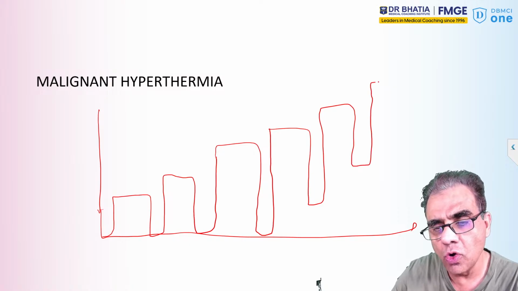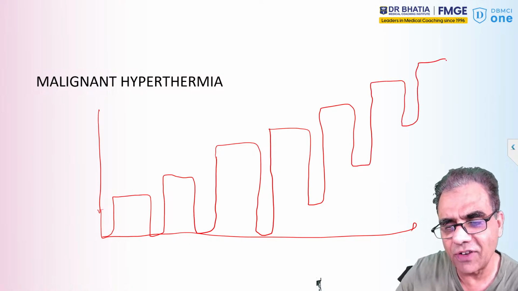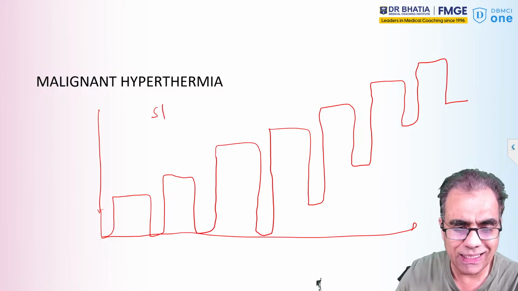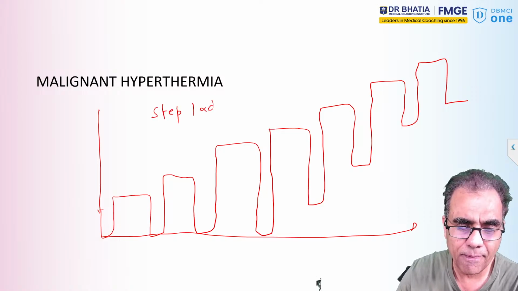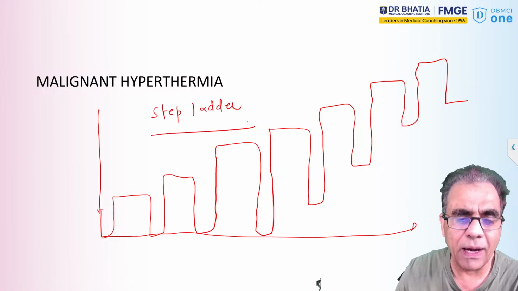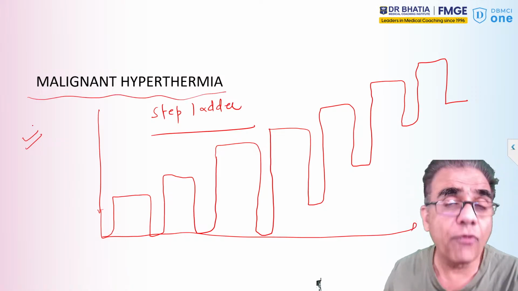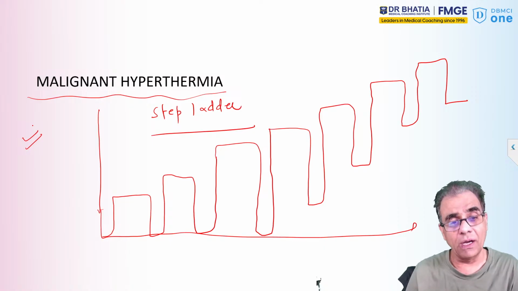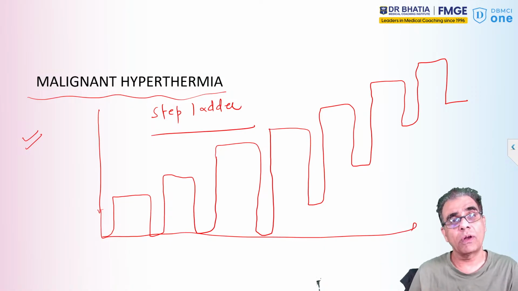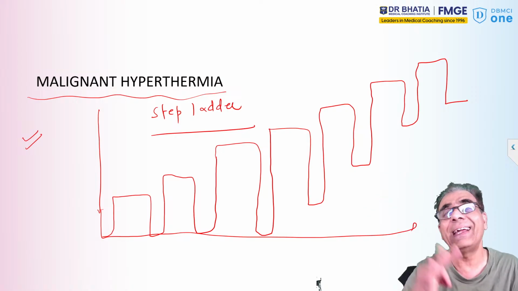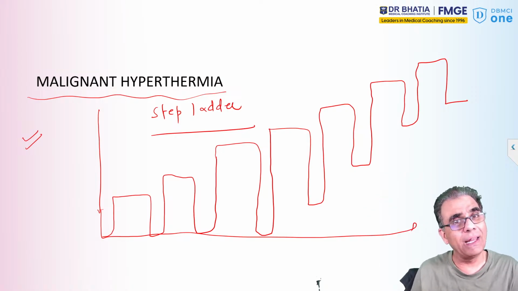More CO2, more the baseline will shift up. So this is a step ladder pattern, and the step ladder pattern indicates malignant hyperthermia. In fact, before the patient develops hyperthermia, we have already diagnosed malignant hyperthermia by looking at capnography. So capnography is the earliest indicator to detect malignant hyperthermia.